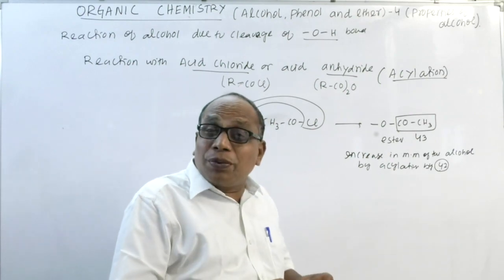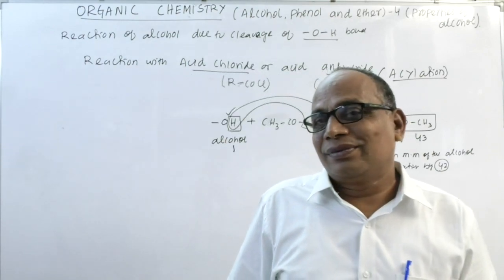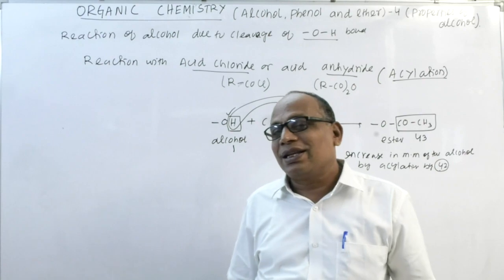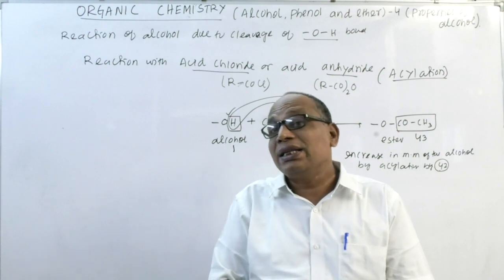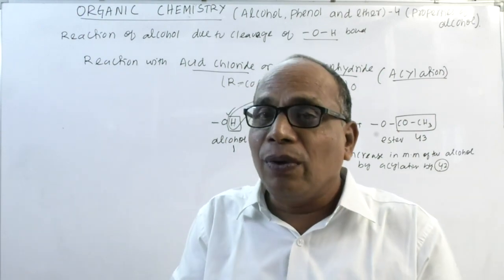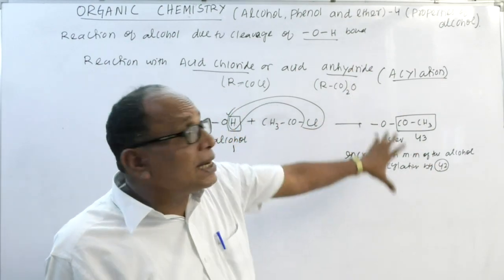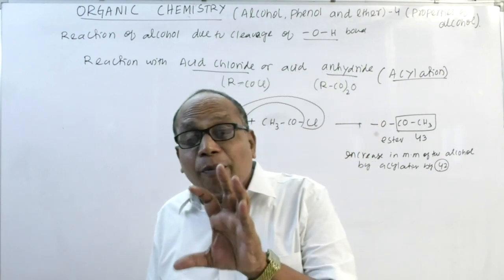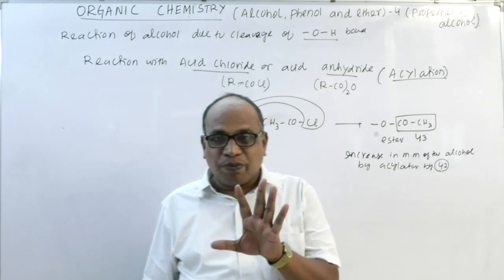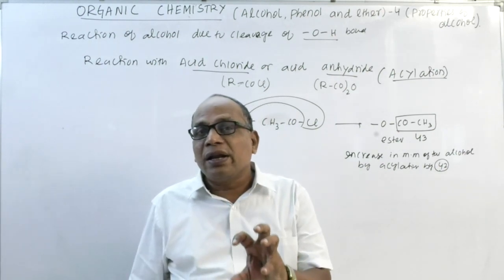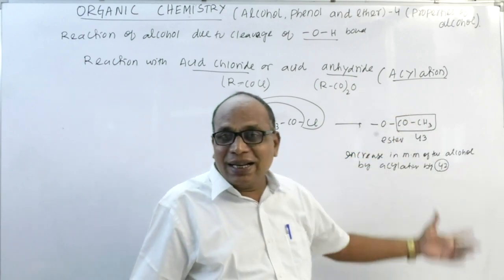So if there are 2 OH groups which are acylated, how much will the molecular mass increase? Yes, 42 into 2. If there are 3, it is 42 into 3. Because in the 3 OH groups of the molecule, the hydrogen atoms get replaced by the acyl group. That's why acylation gives the estimation of OH groups in your compound. Acylation gives the estimation of OH groups. This means per molecule the number of OH groups can be estimated by acylation.